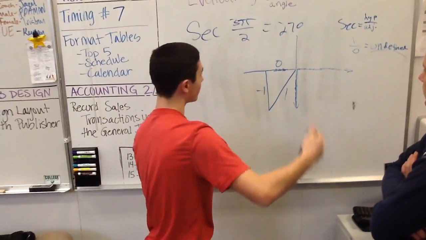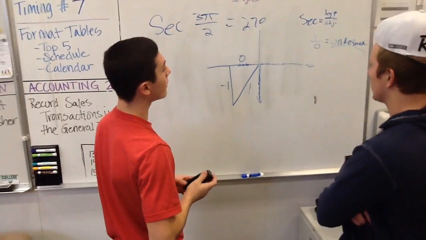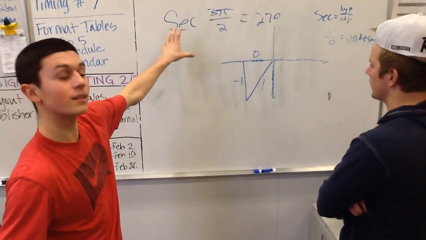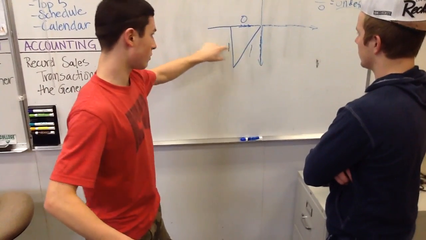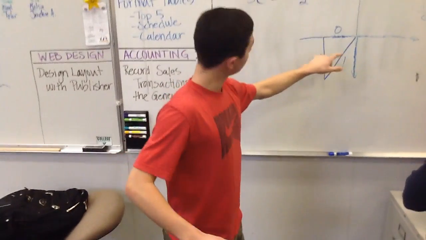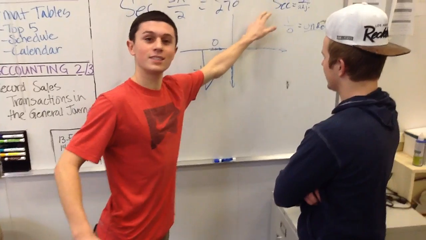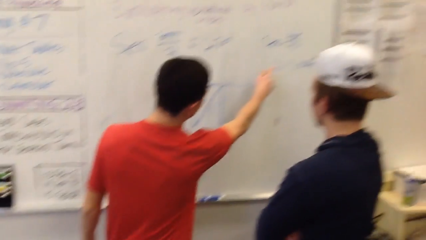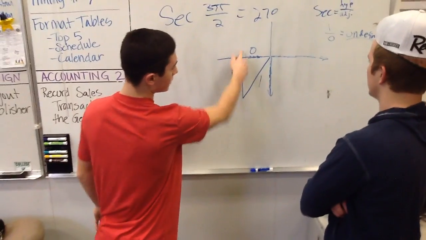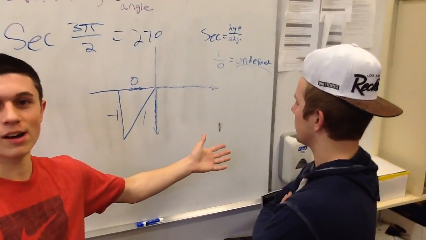Then our next step is to take secant, which is hypotenuse over adjacent. Sorry, before that, you got to put these in: 0, -1, and 1. Now you can take secant, hypotenuse over adjacent, which is 1 over 0, and that equals undefined.